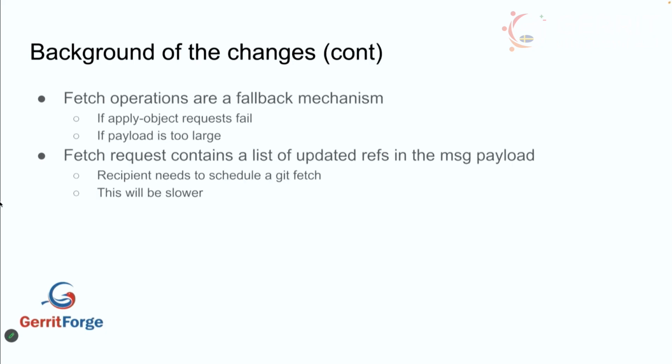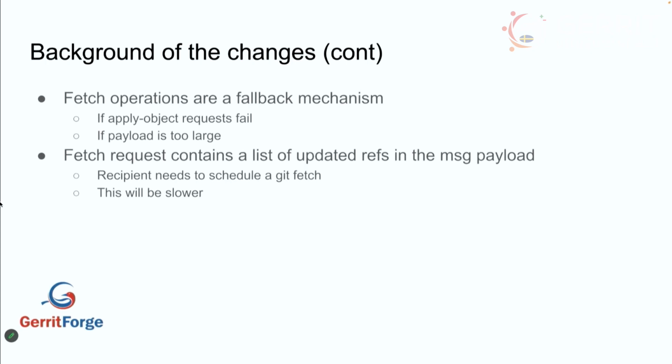The fetch operations are essentially a fallback mechanism in pull replication. So we will fall back to the fetch API if the apply object call fails, or if the payload is too large.